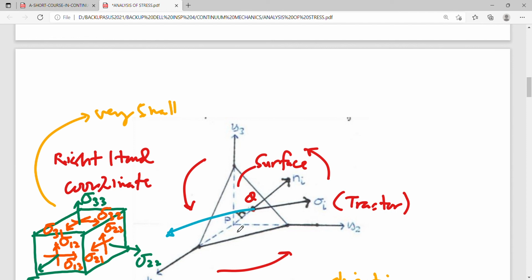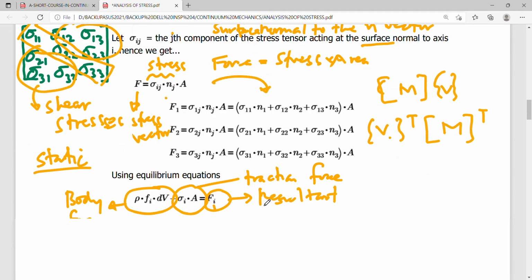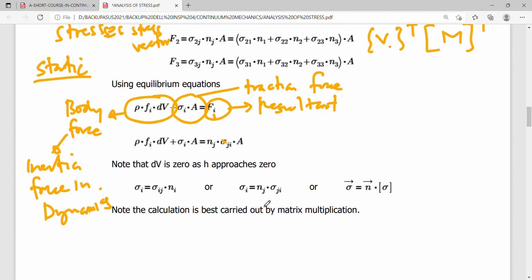Hence, the differential volume of this tetrahedron as referred to this figure will now vanish, by simply putting this into zero. Hence, what will remain is sigma i multiplied by A and Nj sigma ji, cancelling both A's here. I have now my stress vector formula in terms of sigma i is equal to sigma ij ni, or can transpose it into Nj sigma ji.